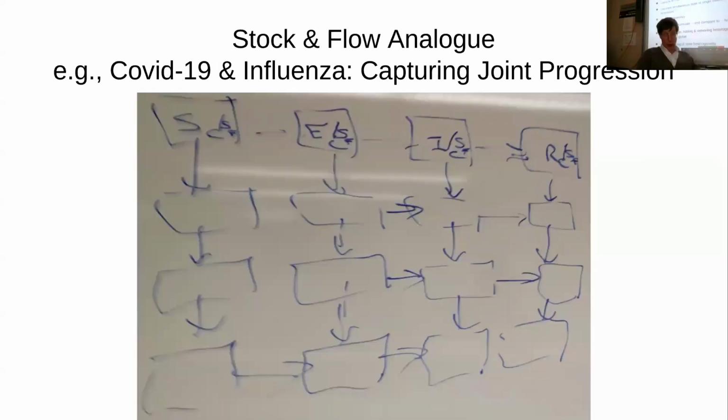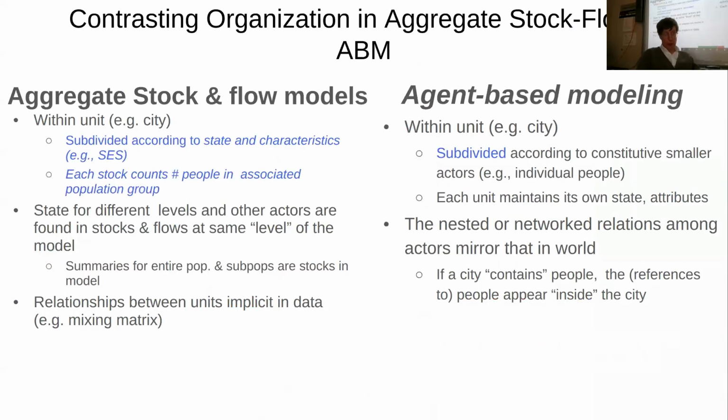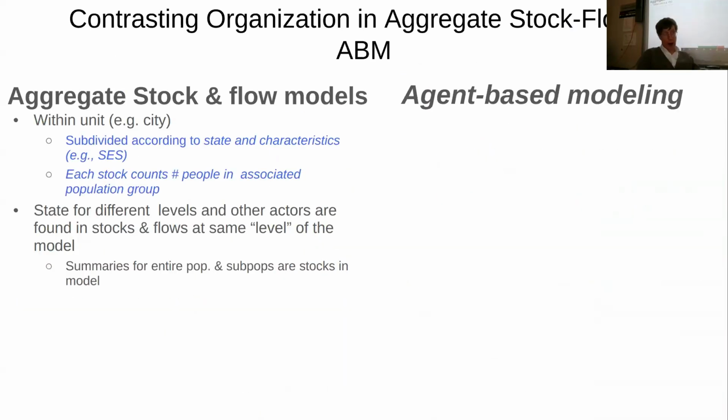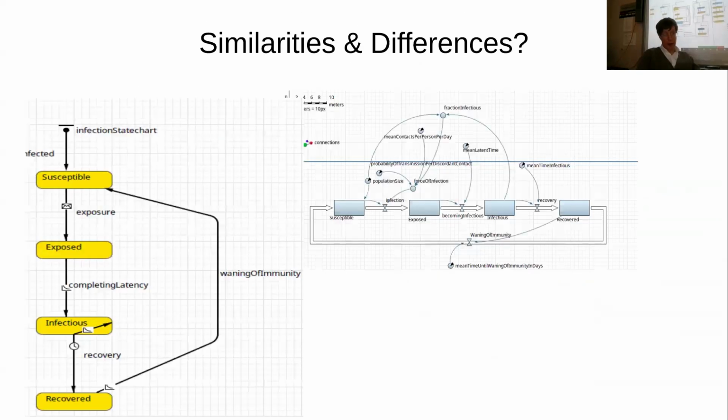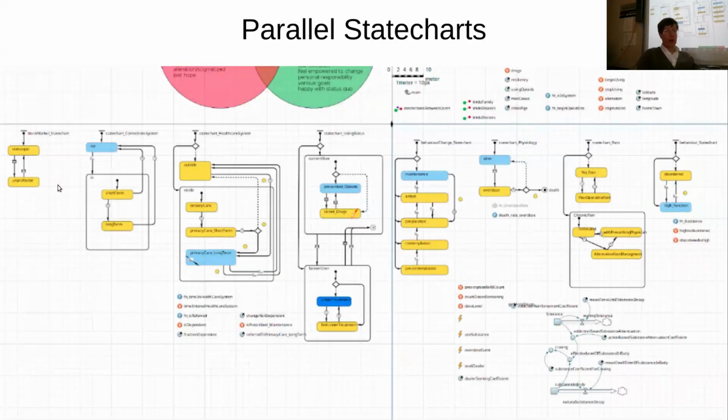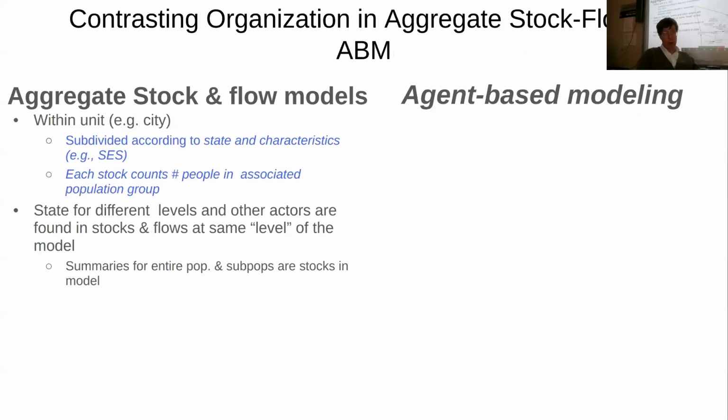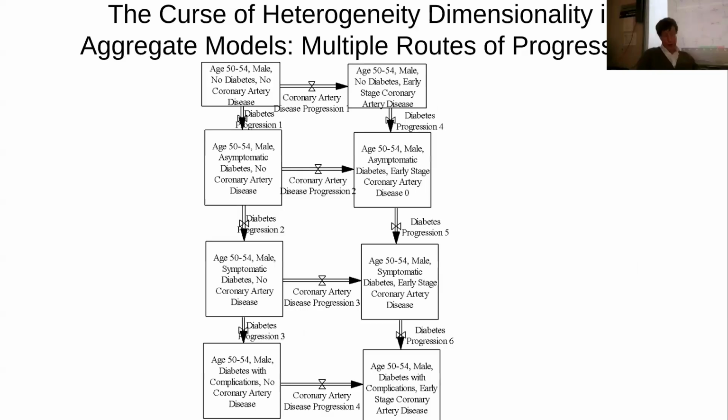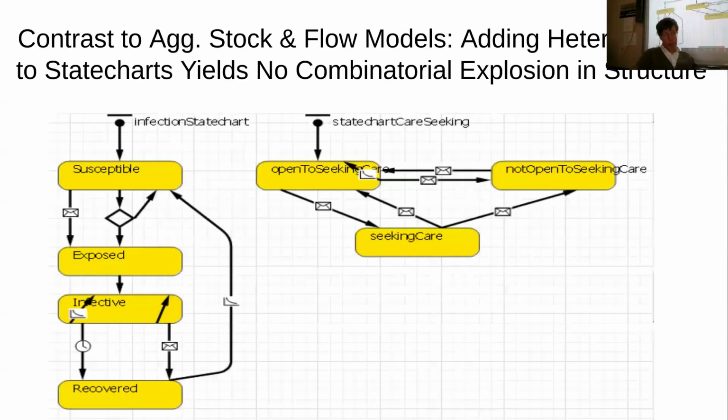We add another state chart here to those we keep track of. We add another state chart. We don't need to consider all combinations of states with those that are already there, which is really what's in store for us with aggregate models. Okay.